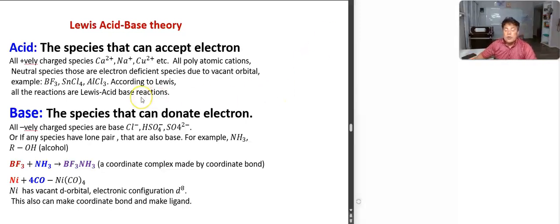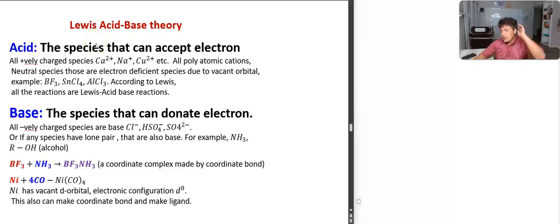Okay, so we have finished the Bronsted-Lowry acid base, Arrhenius, kinetics, the association and dissociation constants, and conjugate base pairs, etc. We have finished the acid base. Now let's define the third one, which is the Lewis acid base theory.